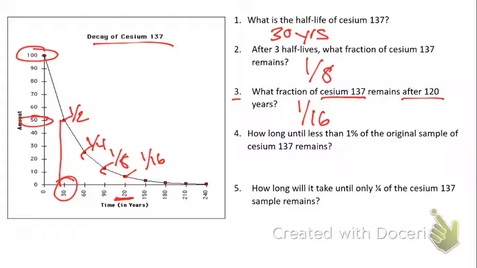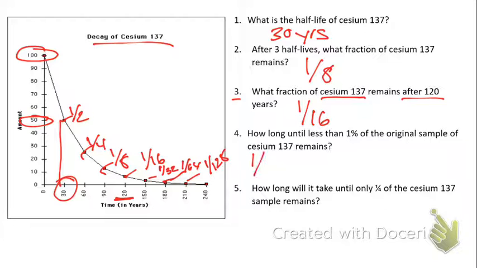Okay, question number 4. How long until less than 1% of the original sample remains? Well, 1/16, that's 4 half-lives. That's not going to be less than 1%. 5 half-lives, which would be 1/32, would not be enough. The next would be 1/64. That's not going to be enough. The next is going to be 1/128.